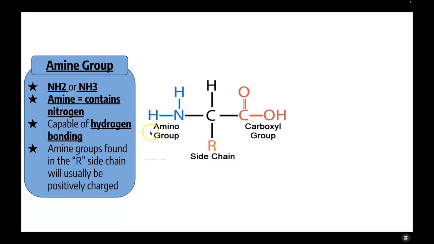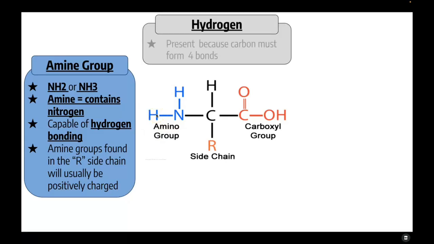So this will usually be positively charged. All right, we have our hydrogen present, and this is because the hydrogen is required for carbon's 4 bonds. So because there's carbon, it needs a 4th bond, so there's a hydrogen.